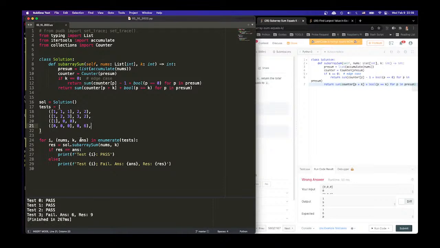The k is 0, right? So everything is 3. Hmm.